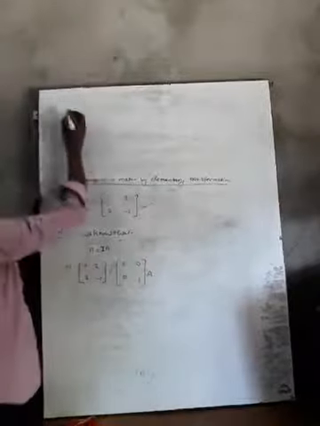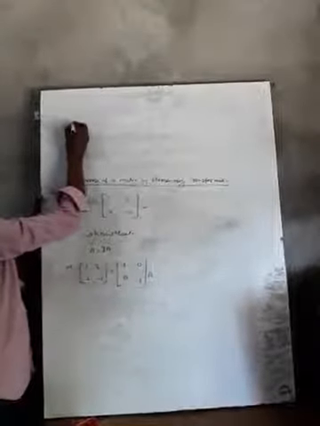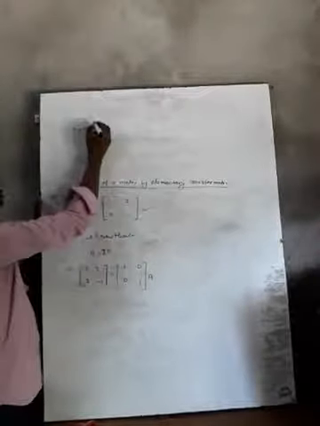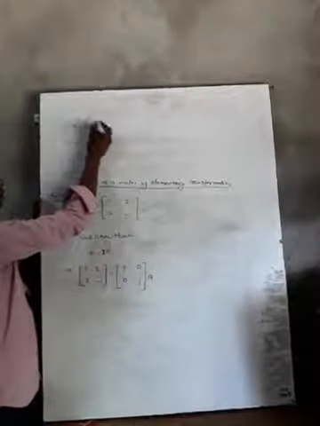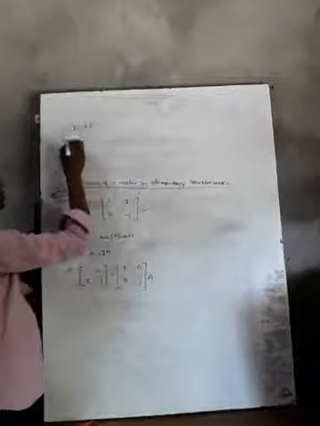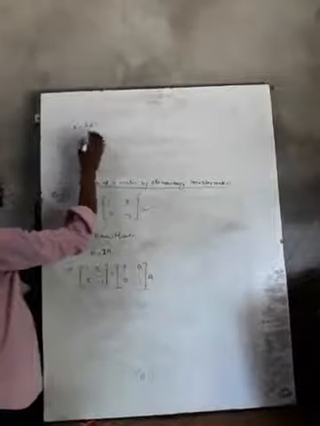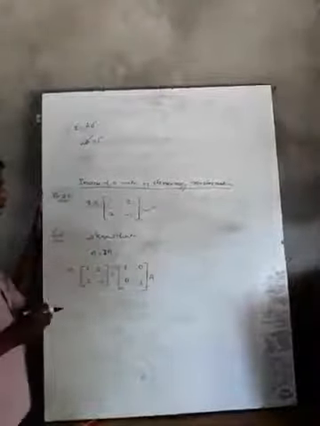What we have to do? You know that if AB is equal to I, then we can say that A is the inverse of B and B is the inverse of A. That process we have to apply here.